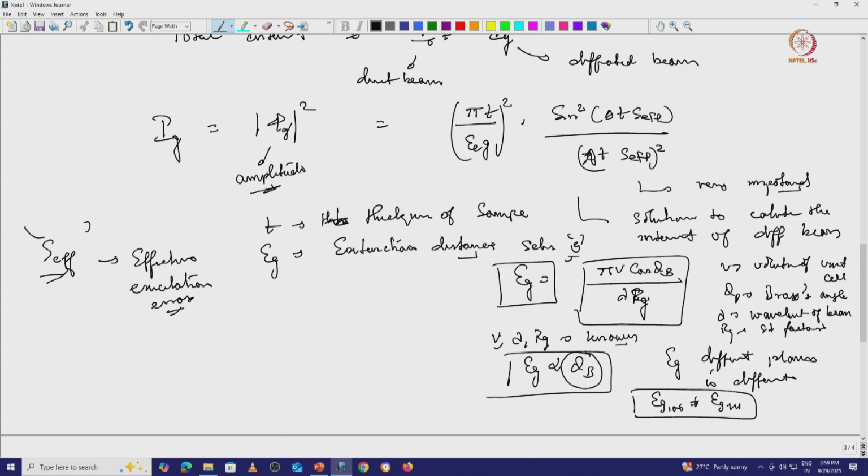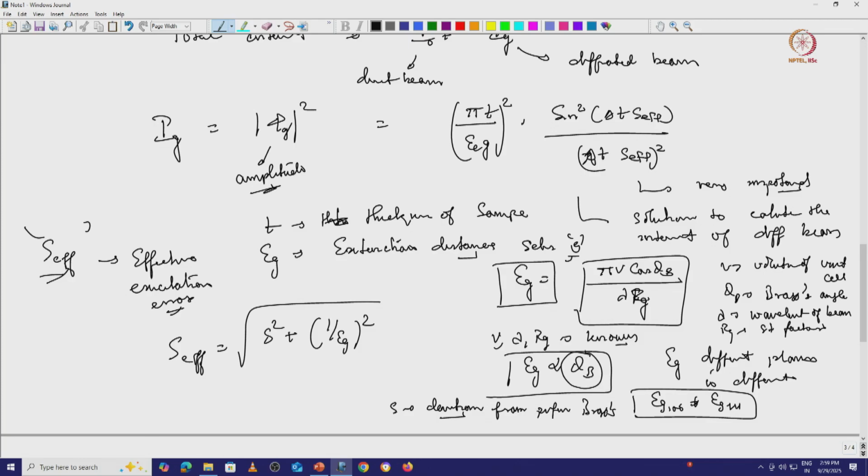Effective excitation error is given by S effective equals root of S square plus 1 by psi g square. Okay. What is S here? S is the deviation parameter, is the deviation from perfect Bragg's condition.